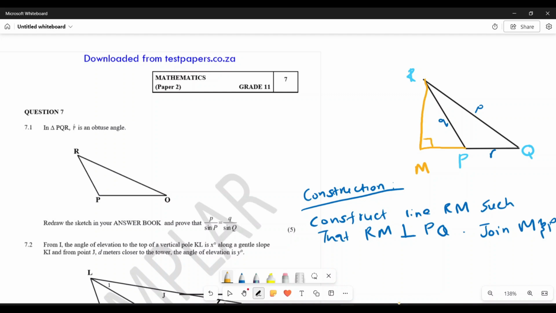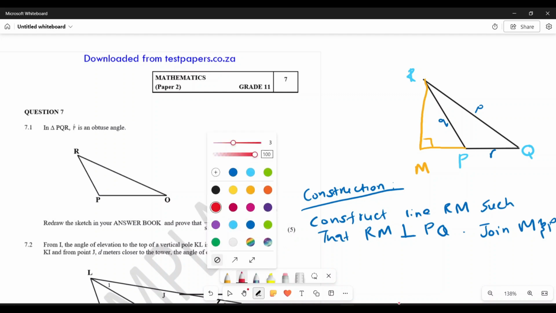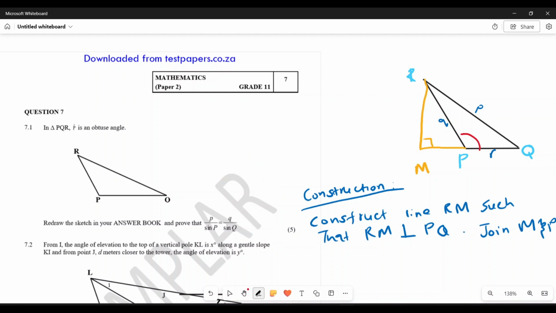All right. Now, also, I am told that in triangle RQP, right, P is an obtuse angle, meaning that this angle right over here, let me just indicate it using a different marker, this angle right over here is an obtuse angle. It's greater than 90 degrees. Now, I'm going to try to make use of that information, right?